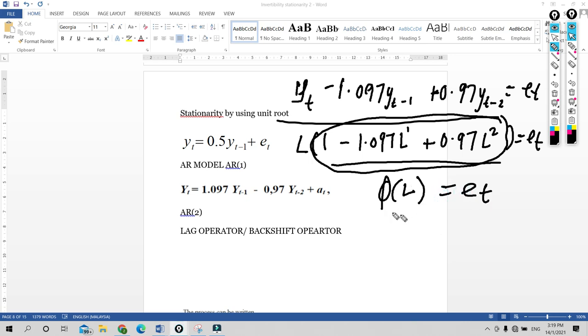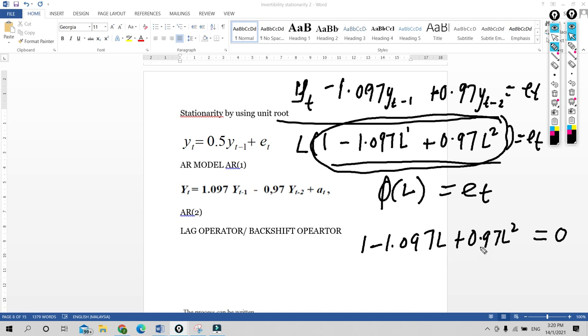So I need to find the roots of L. Theta L is 1 minus 1.097 L plus 0.97 L squared, and I put it equal to 0. So I want to solve this one. I want to find L here.